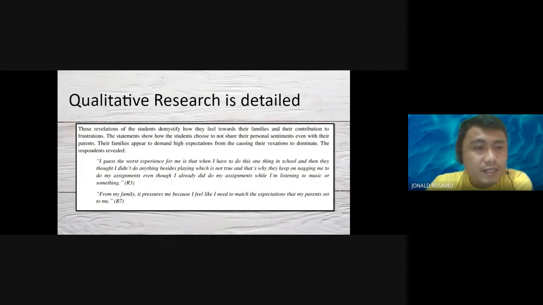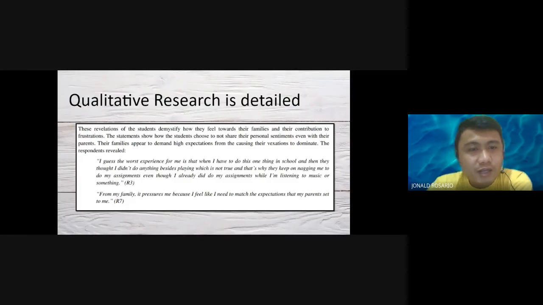Sa qualitative research, kahit yung mga actual conversations or responses ng mga respondents natin or participants, ay isinasama po doon sa ating research paper. Okay? Kaya nga napakakapal po, napakadami po or napaka-rich. Rich po ang ating mga responses, no? Kasi included sa ating research paper yung mga responses, the actual responses of our respondents.